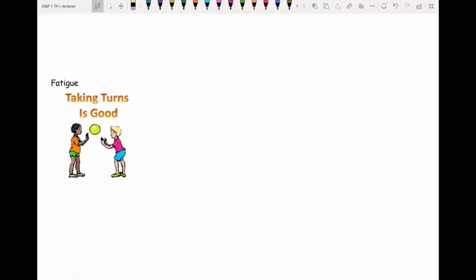And the final thing about motor units is that they take turns. So individual fibers get tired. And that is called fatigue, when they get tired. And they need to rest.